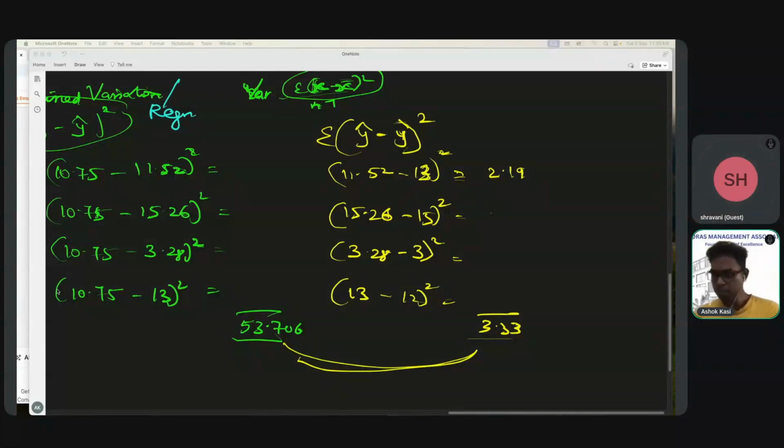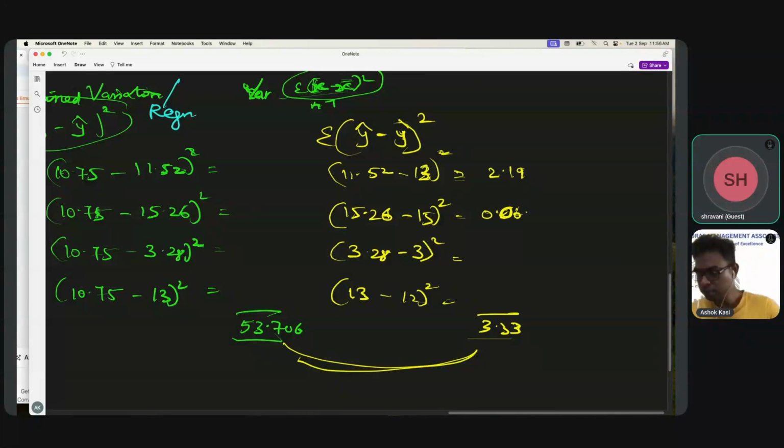Then 15.26 minus 15 square, 0.067. Then 3.28 minus 3 square, 0.078.